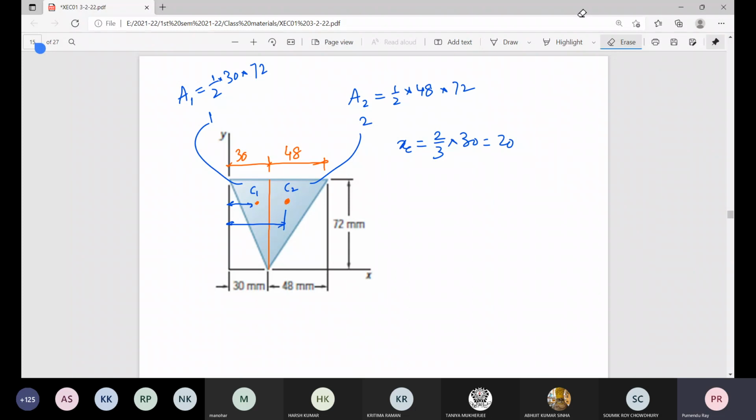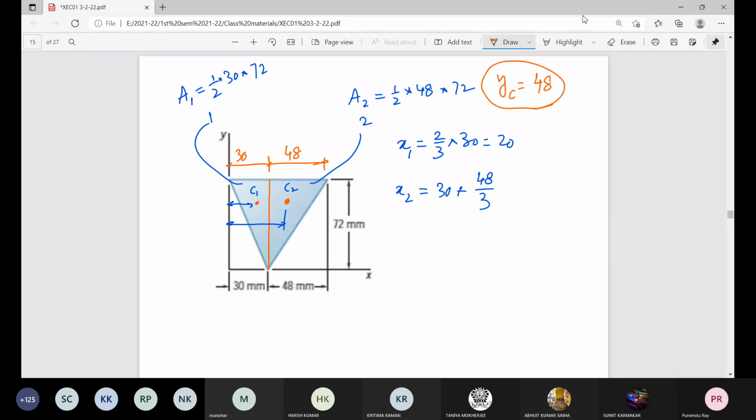Can anybody tell me quickly? 30 plus 48 by 3. 30 plus 1/3 of 48. Yes, so 46. And what about Y1 and Y2? Definitely those are 48 and 48. As the base is a straight line flat, parallel to the x-axis, YC is 48. It is done.